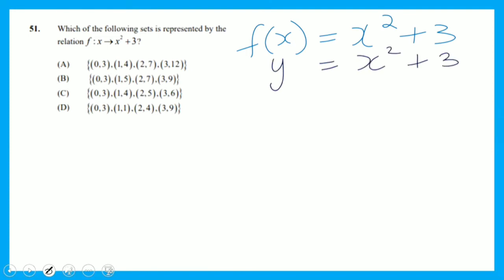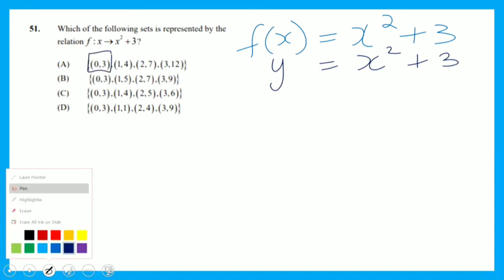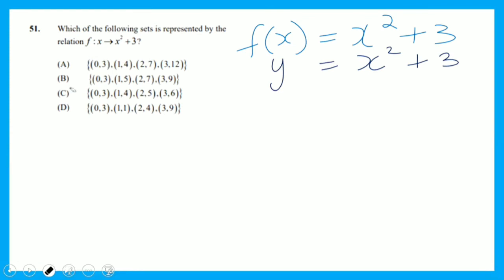Now we know that each pair of values really carries x and y coordinates. So we know that the first value is going to be x and the second one is going to be y. You can do one of two things.